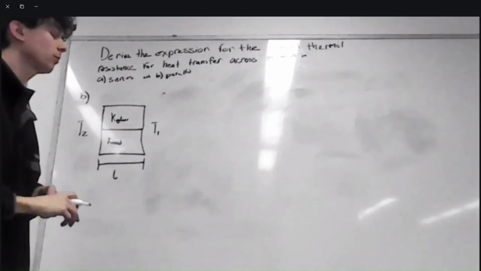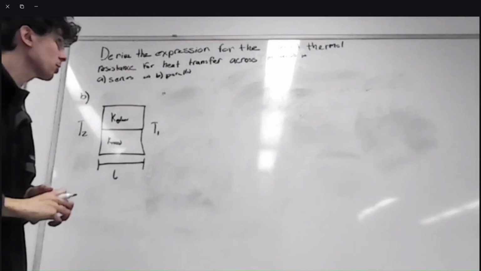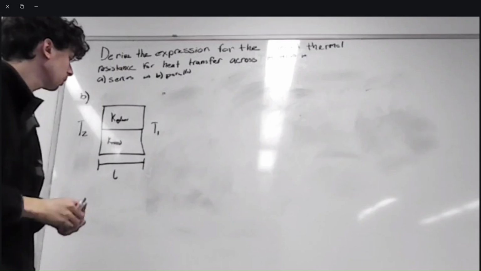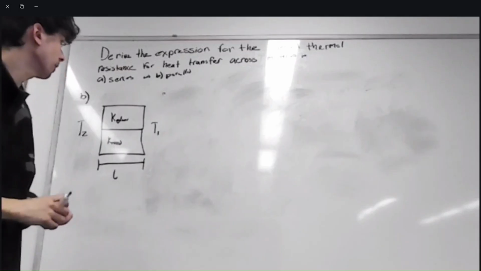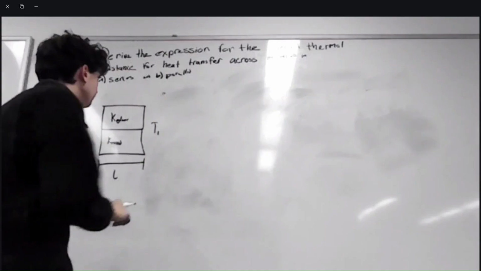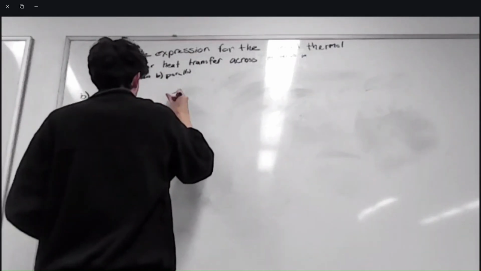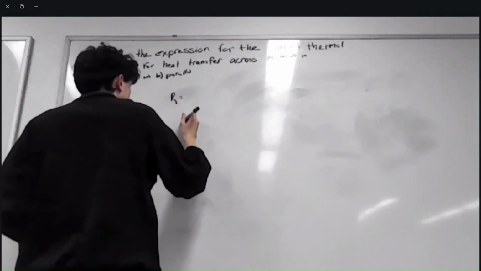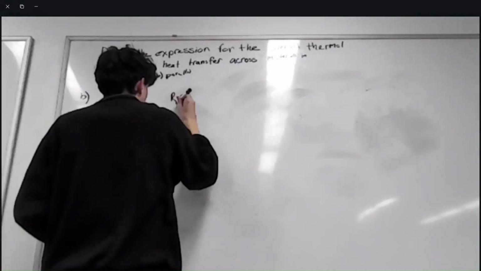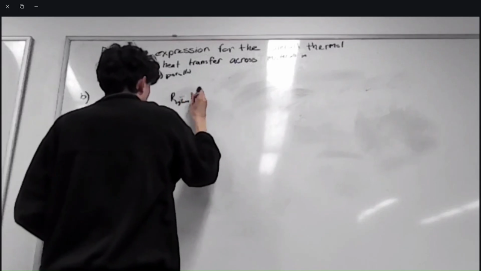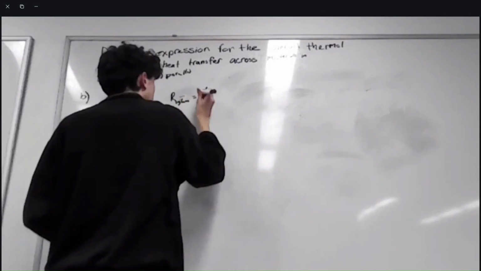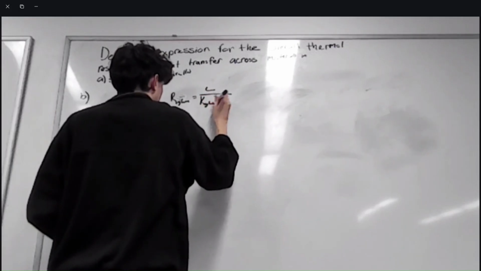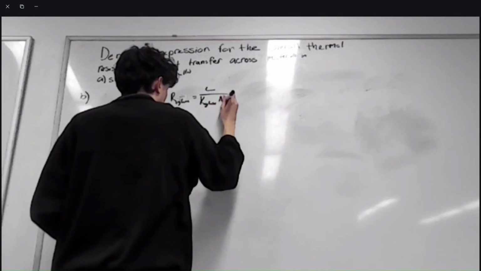So, to start, we've got to remember our electrical circuit similarities and derive this in the same kind of way. So, our resistance, as we remember, of the glass, it's going to be that length that we have down here, over thermal conductivity glass and area glass as well.